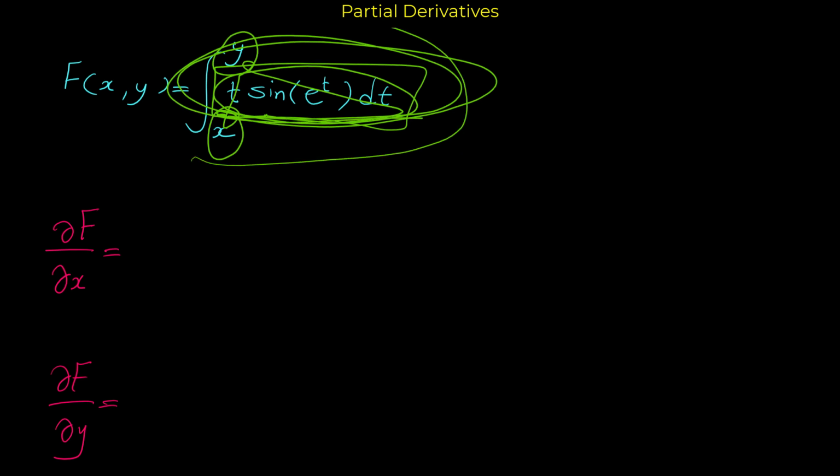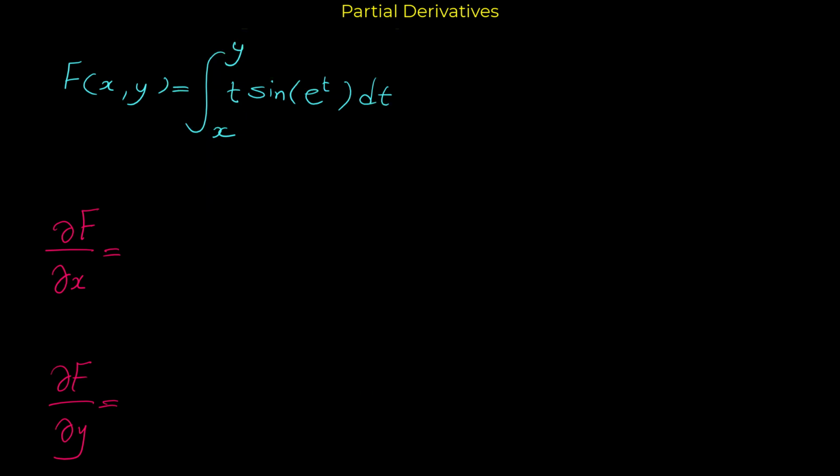So the answer of this expression is not dependent on t. T is just a variable. This function at the end would be a function in terms of only x and y. So t goes away because we replace t at the end with y and x. So this function has only two variables, x and y.